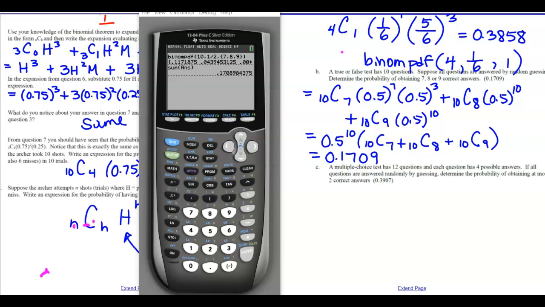Probably you should do this for at most 6. You get a pass in the point, right? But in any case, so really, in this case, at most 2 correct would be 0 correct, 1 correct, 2 correct. So still 3 calculations, not terrible.